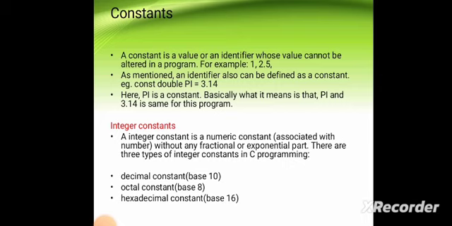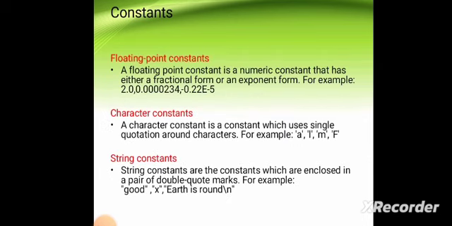An integer constant is a numeric constant; it accepts decimal constants, octal constants and hexadecimal constants. Then a floating real constant, or floating point constant, is also a numeric constant, but it accepts and uses fractional values in the program.